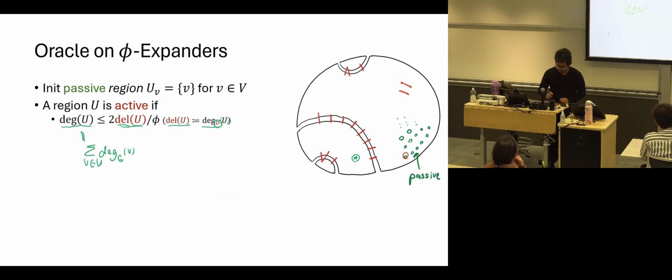The same is here: you count both the edges inside and the ones that cross the set.